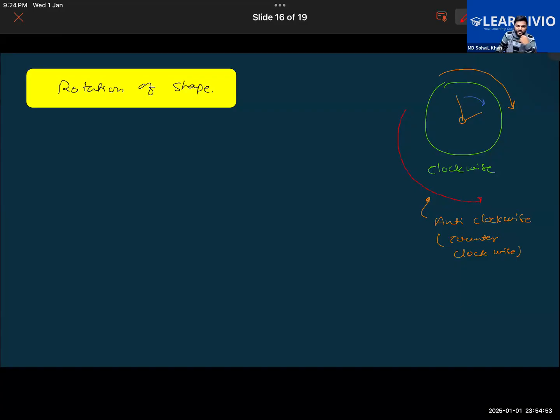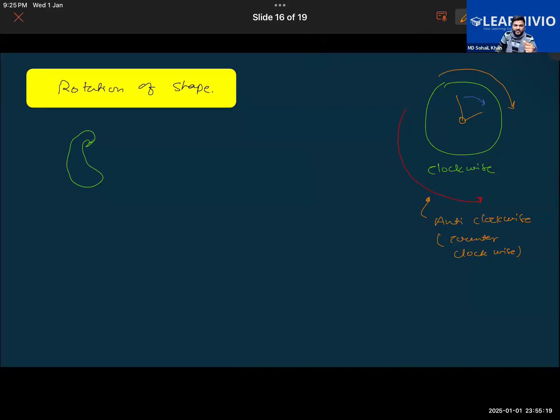Okay. So take for example, an object takes half turn. Like for example, you have an object drawn over here, some colorful pattern drawn like this. It takes half turn.